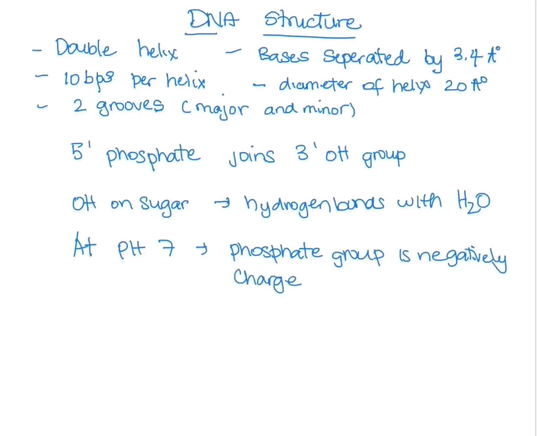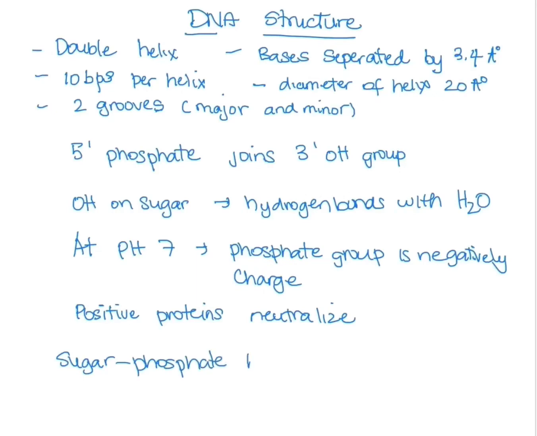At pH 7, there is a negative charge on the phosphate group. The positive proteins that exist neutralize these charges. There is also a sugar phosphate backbone that is on the outside of the molecule, while the bases are on the inside.